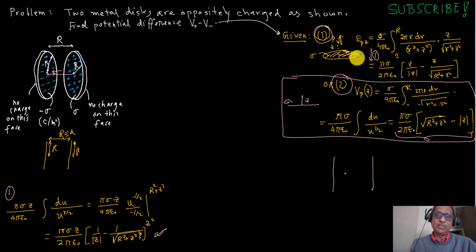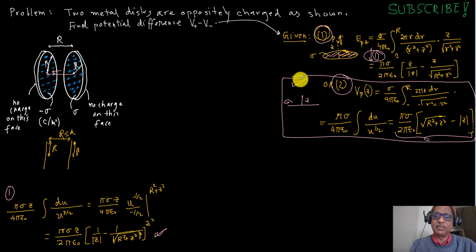Doing this integral for the field turns out to be much harder than setting up the integral for the potential of one disk. You can do that. Let me assume we know this, and the question is how to use this.